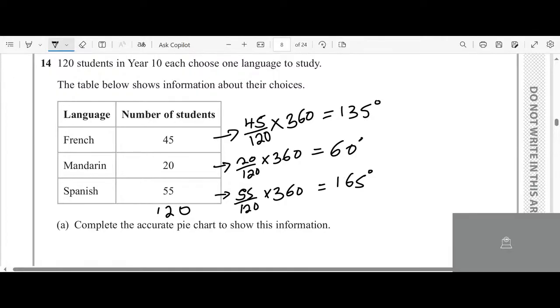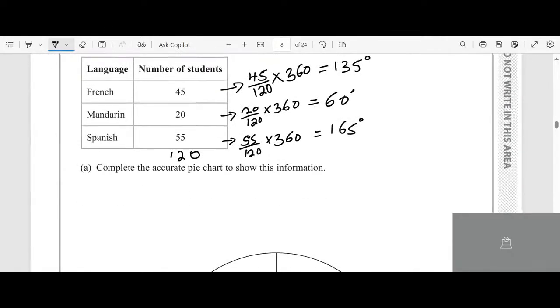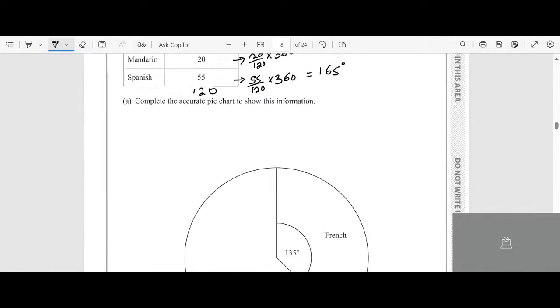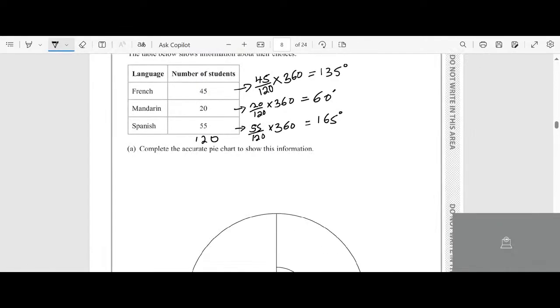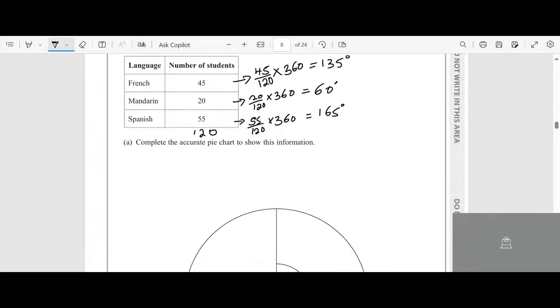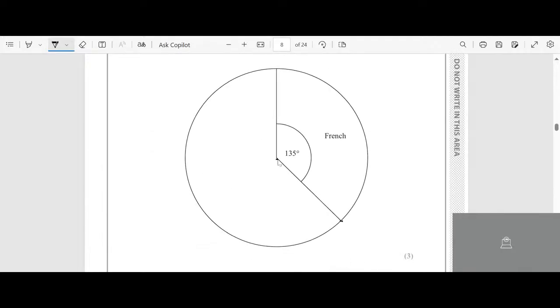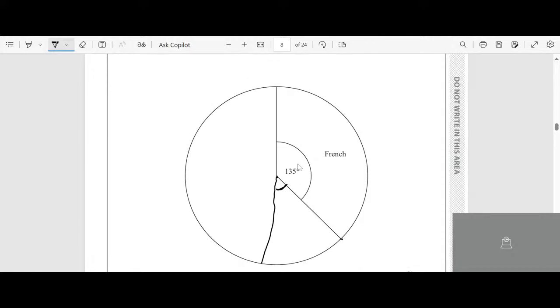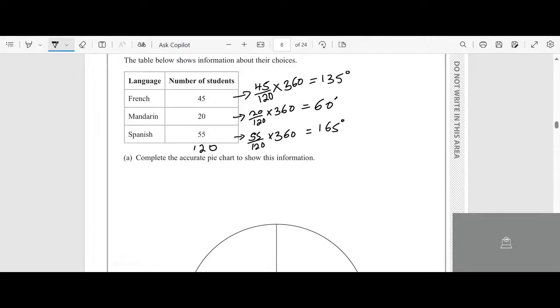So this is what we are going to transform into our pie chart. The first one has already been done for you, 135. So how do we measure 60? Take your protractor and place it at this point alongside here. Then we measure 60 degrees. It has to be somewhere here. A small one. Then automatically the rest, the one that is left, is for the Spanish.